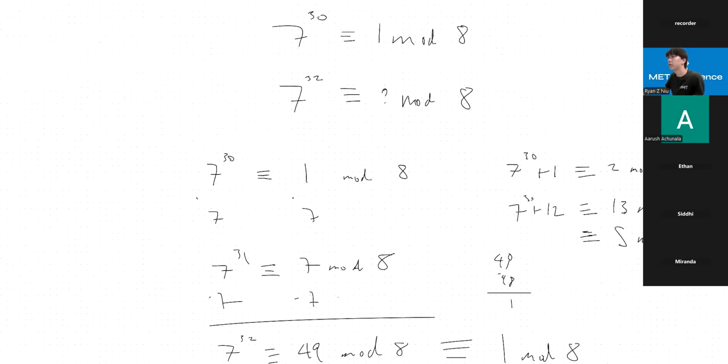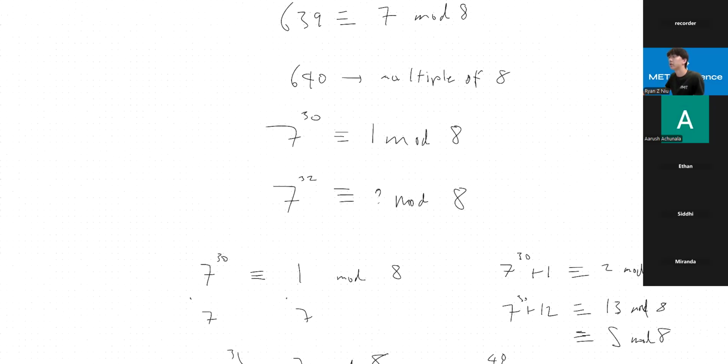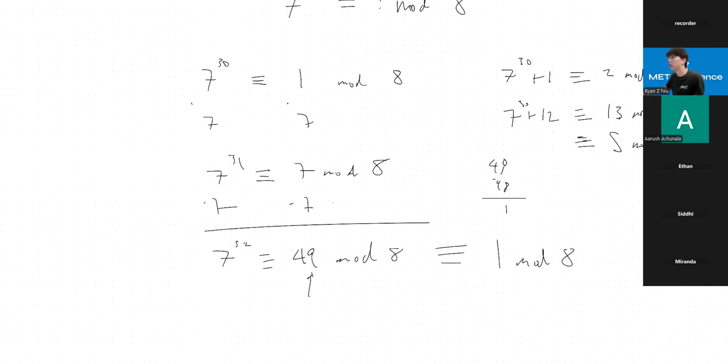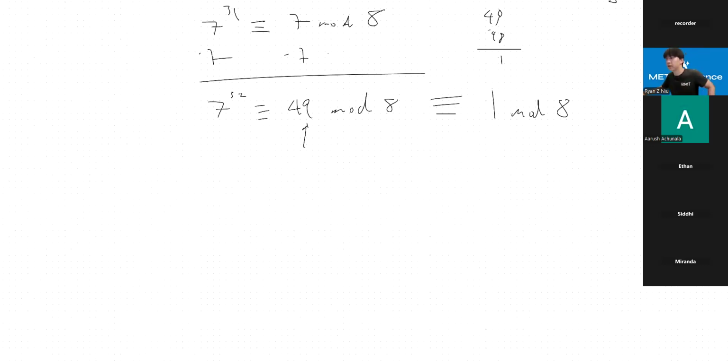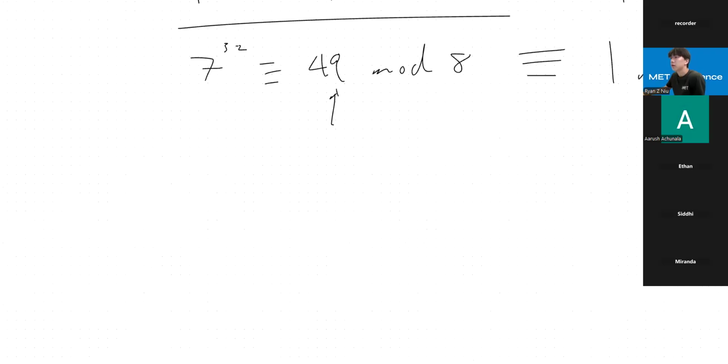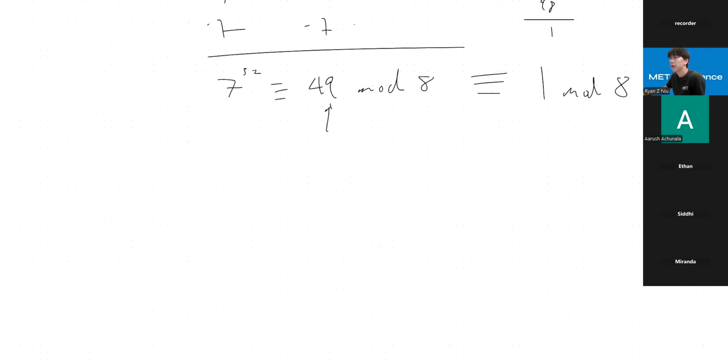Another way to do this is to consider something where we look at negative remainders. What I mean by that is, we know 7 is 7 mod 8, right? If you divide 7 by 8, you put 8 into 7 0 times, and your remainder will be 7.